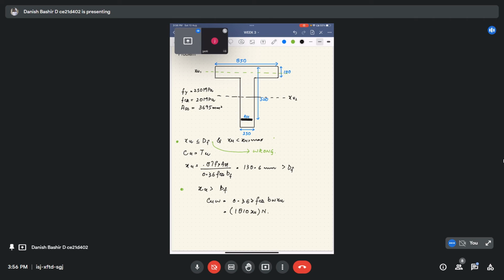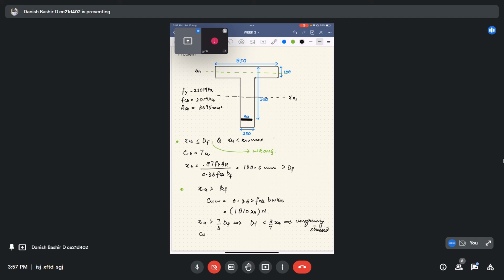Now we are making another assumption that XU is greater than 7 by 3 DF, or in simpler terms, the flange depth DF is less than 3 by 7 XU. I already told you what it means. The flange is uniformly stressed.